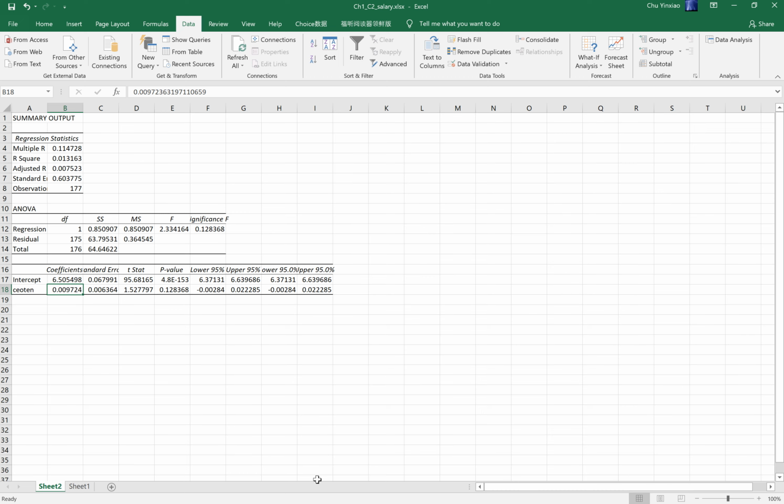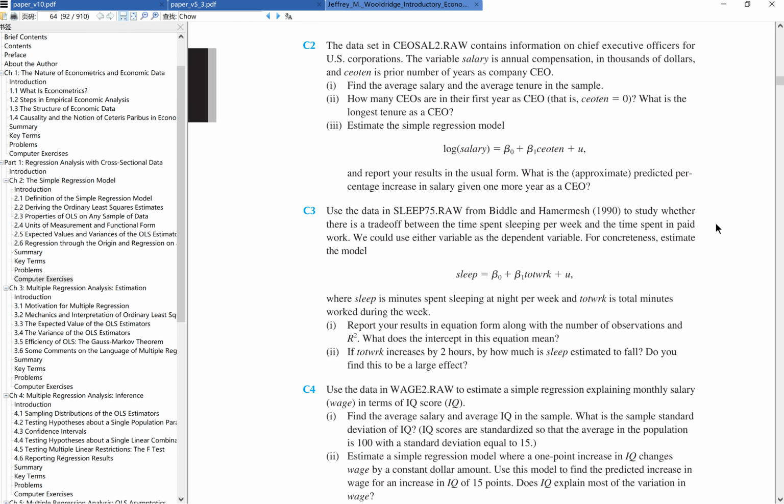So the answer is you can just write approximately 1%. There's a 1% increase in salary given one more year as a CEO. So this is this question.